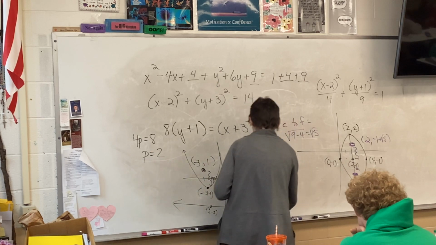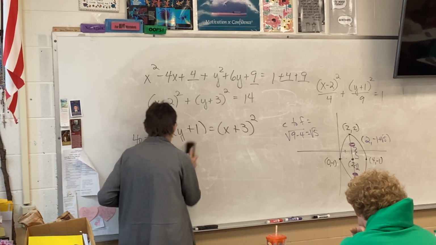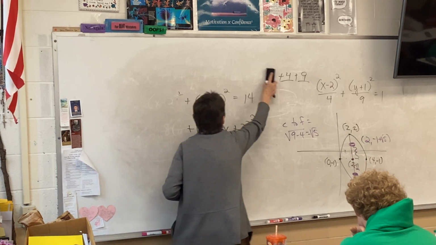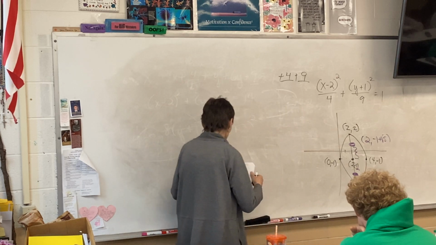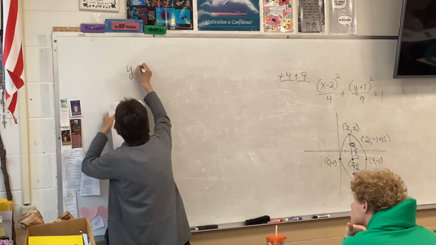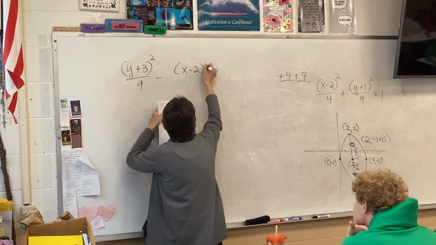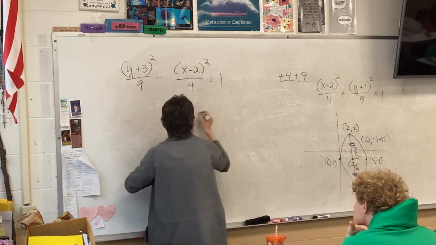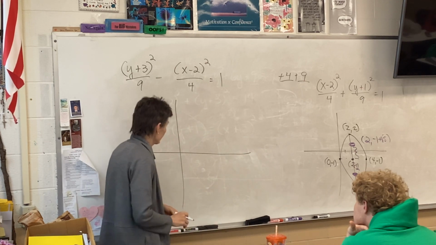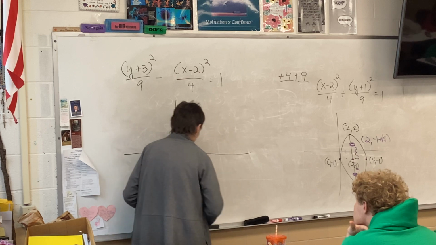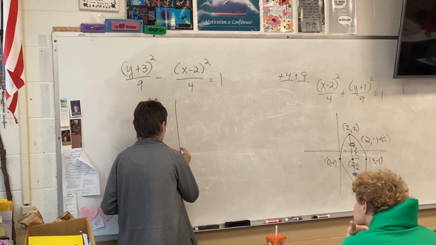Okay, one more problem. This is the one you just did on your quiz. All right, so here we go. Where do we go? Where is my center? 2, -3.